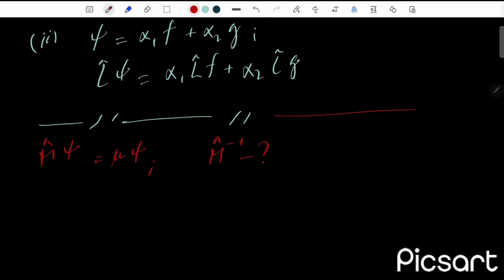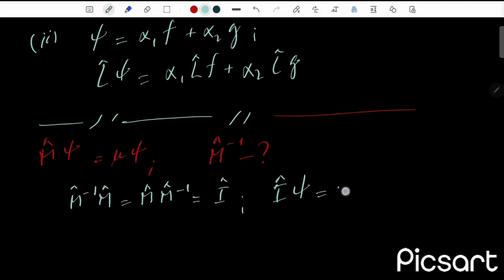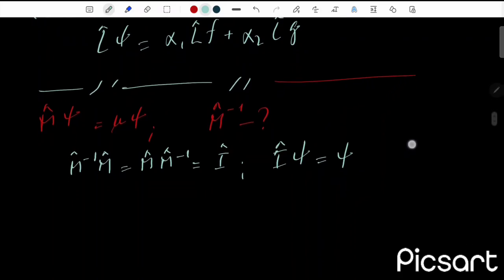To answer this question, we must remember that the inverse of M times M must be equal to M times the inverse of M, which is equal to the identity operator, where the identity operator means that if it acts on the psi function, we get the psi function again.